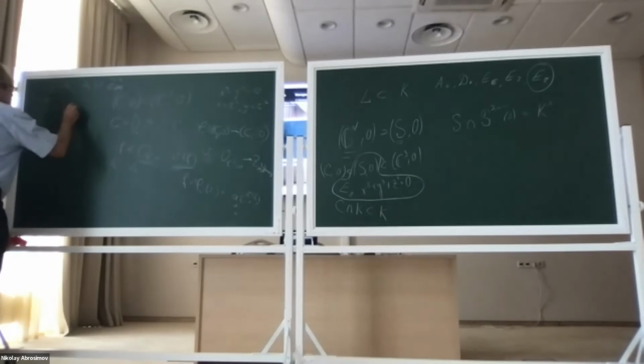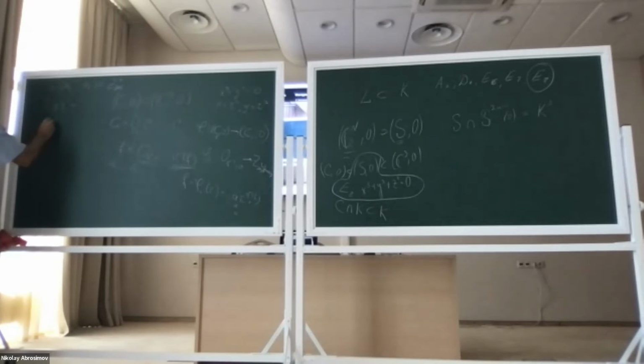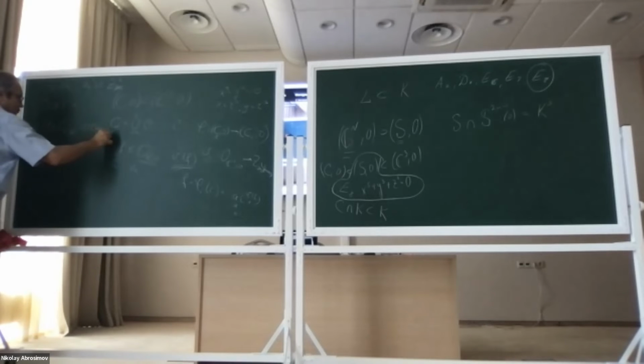So I define it as the set of functions f in O C2 0 such that Vi of f is greater or equal than ui for all i equal to 1 through R.